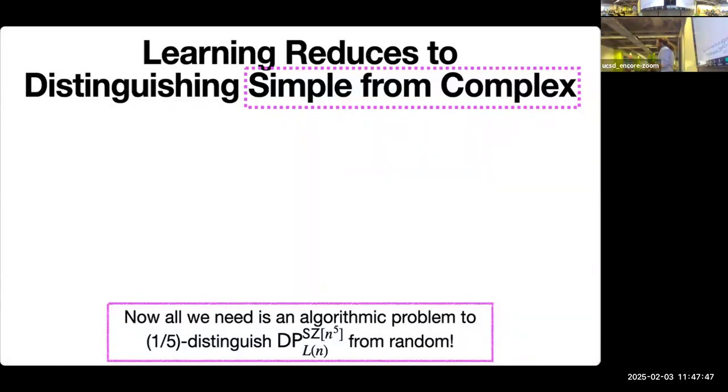So we're in kind of good shape, right? We can gaze upon our zoo of meta complexity problems, find our favorite, set L in response, and then get a beautiful learning algorithm.